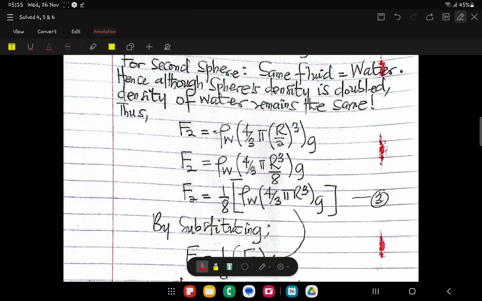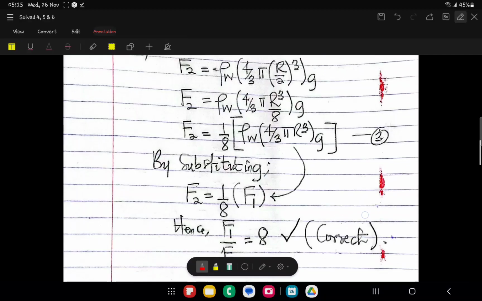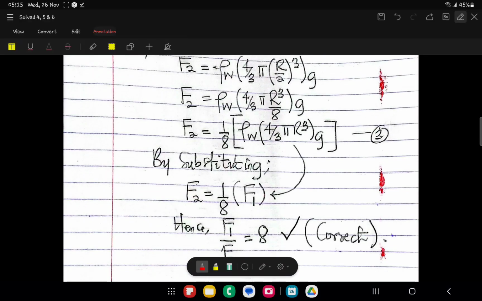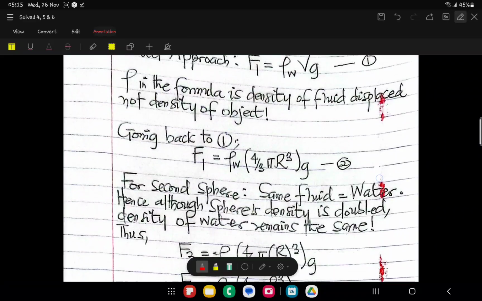So our buoyancy force for the second sphere is the density of water times 4/3 pi (r/2) all cubed times g, and this gives us 1/8 times the density of water times 4/3 pi r cubed times g. And when we do the substitution, we get F2 equal to 1/8 of F1. Mind you, this is F1, which is equation 2.